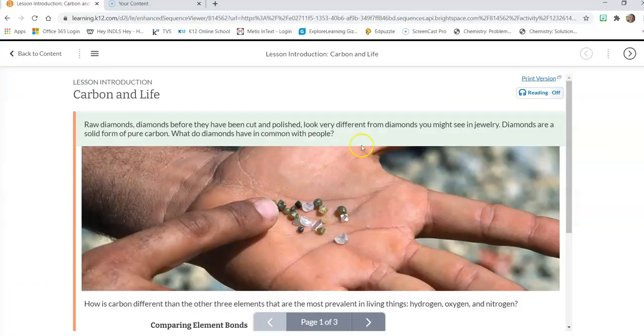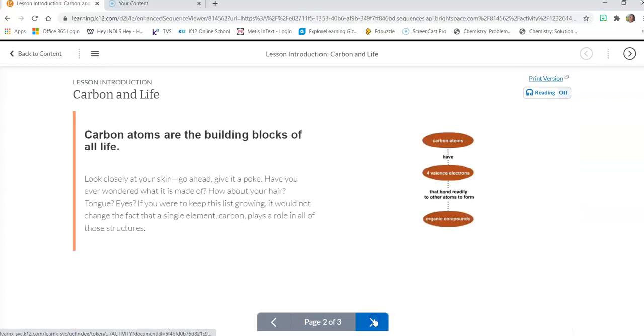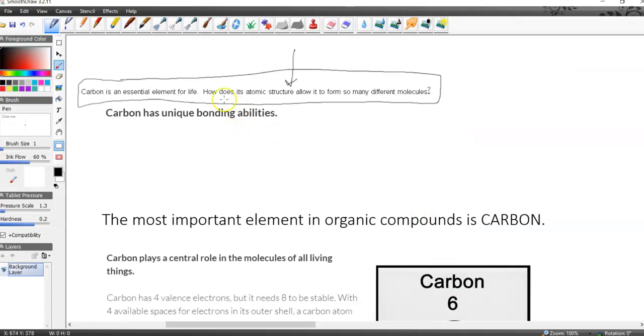Now, you can find the answer if you read through lesson 2.03, but basically the answer is that carbon atoms have 4 valence electrons that bond readily to other atoms to form organic compounds. So that's the answer in a nutshell, but I want to show you how this works.